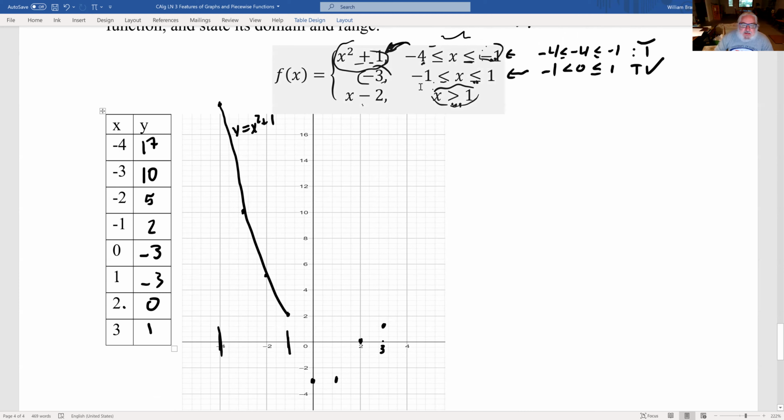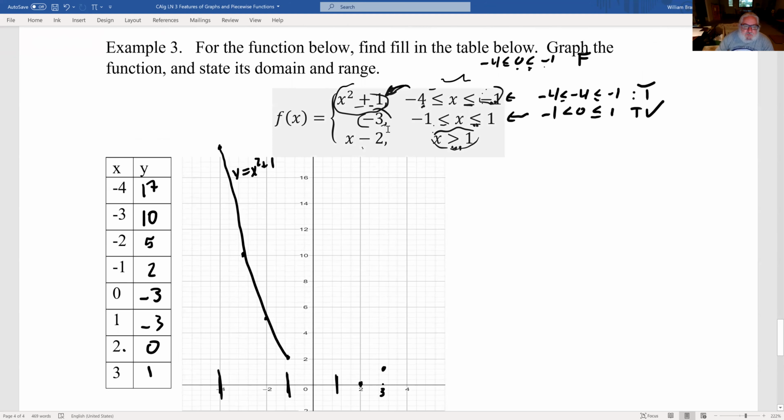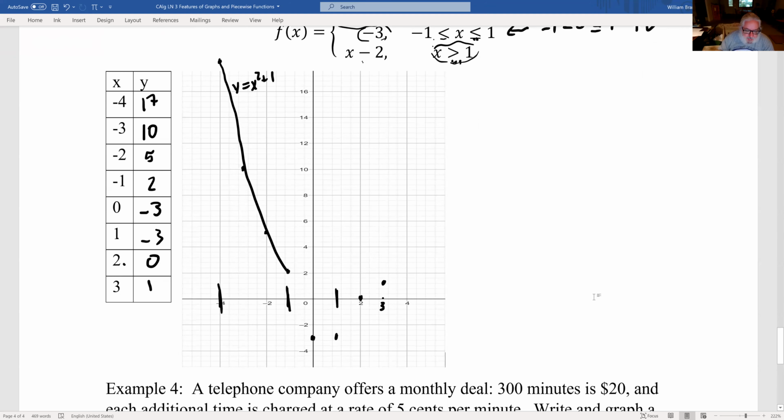Okay. What about the next interval? That's from minus 1 to 1. So x is from here to here, right? They have to use this formula, y equals minus 3. So these two dots, those connect together. That's nice. But we need to fill in the rest from here.